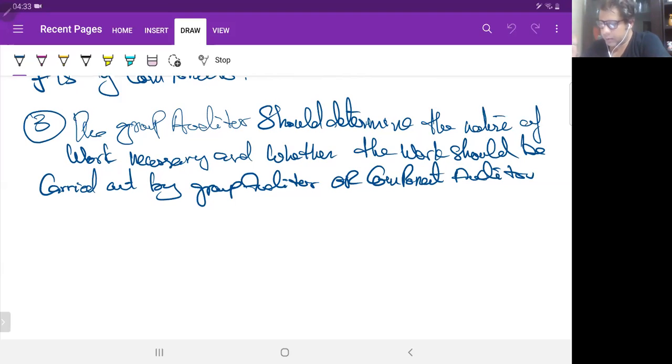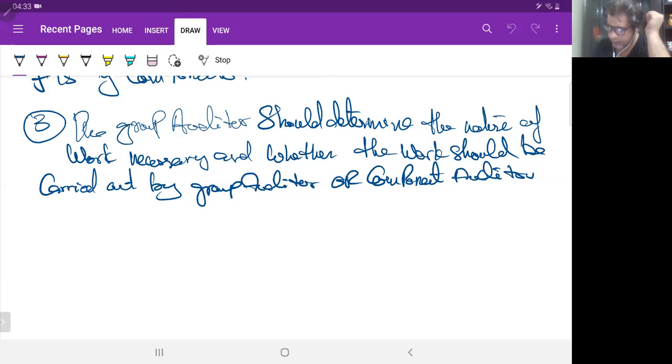And the group auditor should now have obtained sufficient evidence to show that the component financial statements are free from material misstatement, and there is a sound basis for the preparation of the consolidated financial statements.